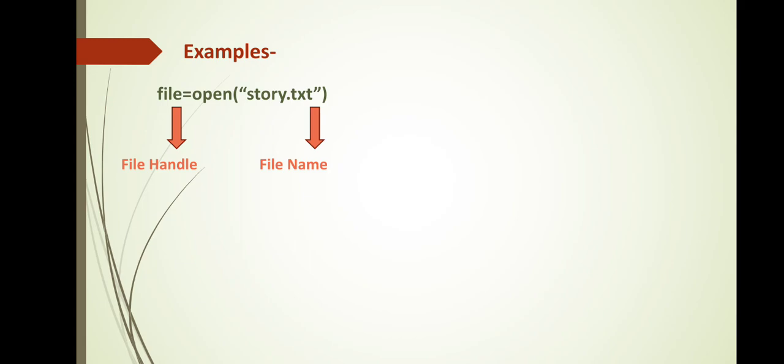So story.txt is the name of my file. I have not specified the path of the file. That means this file will be looked for in the current directory. And since I have not specified the file mode, it will take the mode as reading. So this file story.txt will be opened in reading mode. You can only read the contents of this file.